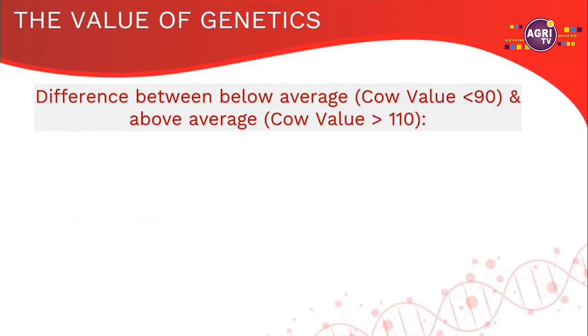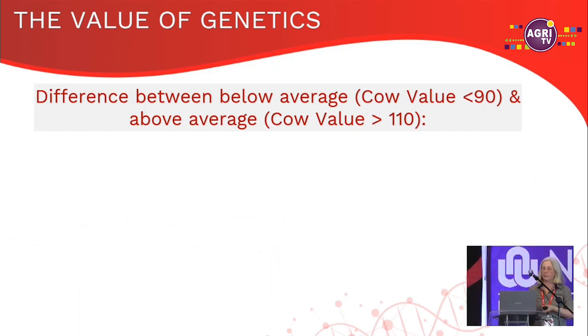We did bring it back to the phenotypes. We looked at a popular breed and looked at the difference in the phenotypes between the below average animals, which is a cow value below 90, in comparison to the above average cow value animals, that's ones with an index above 110.